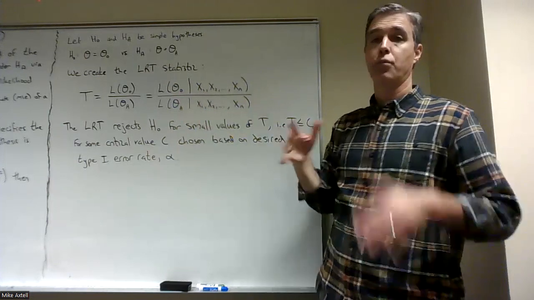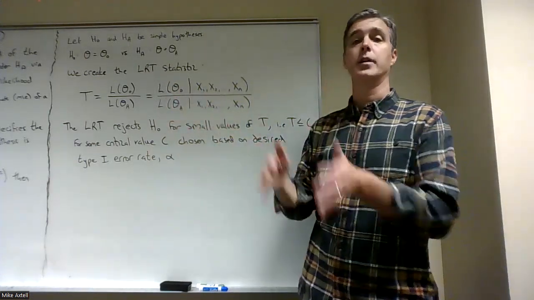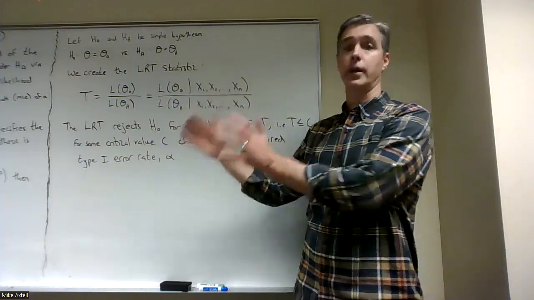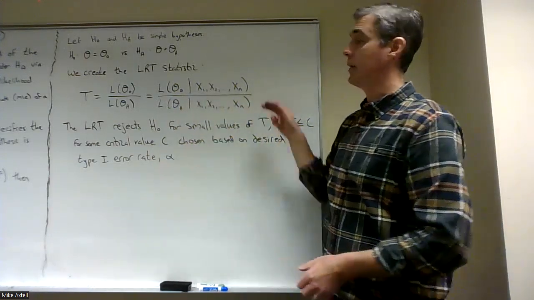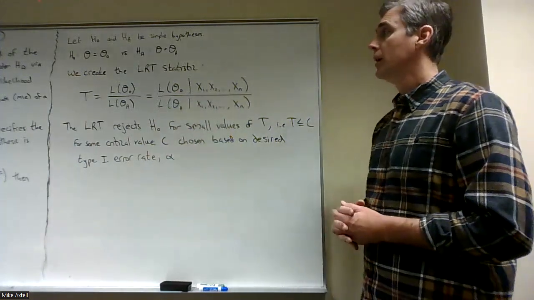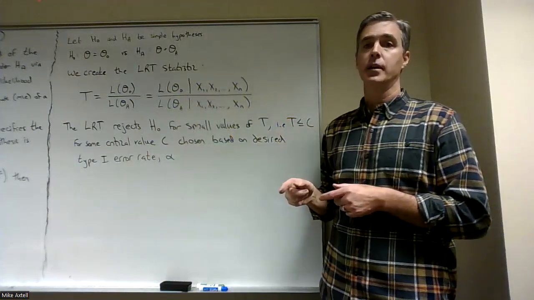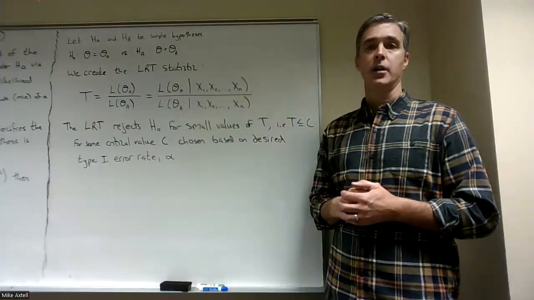Those are going to be products of probabilities: the probability of x1 under theta 0 times the probability of x2 under theta 0 and so on, divided by the same thing with theta sub a instead of theta sub 0. Now, we can't calculate any of those probabilities if the hypotheses aren't simple.